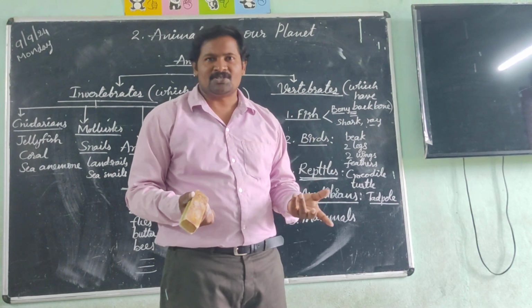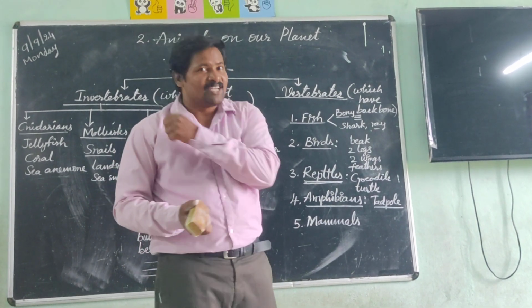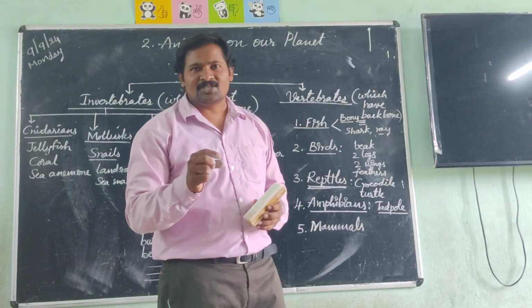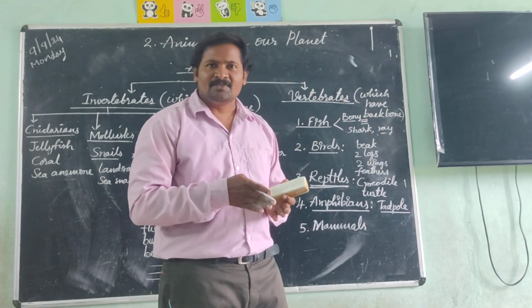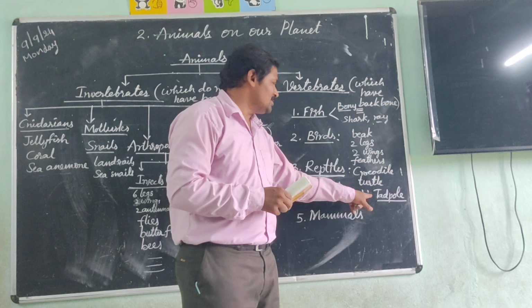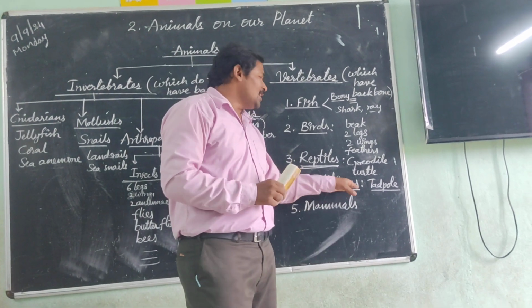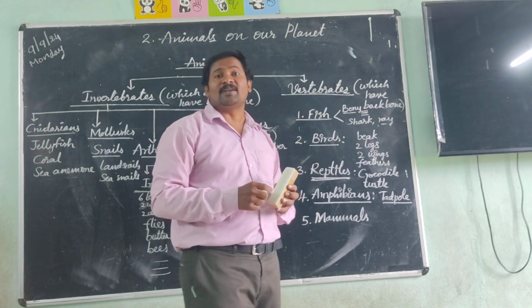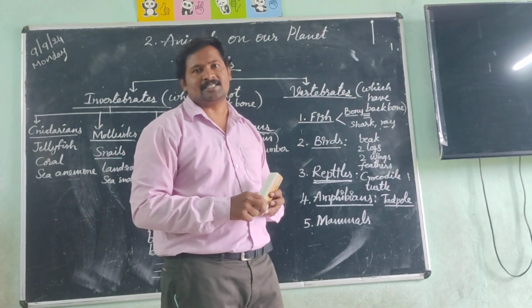Fish have fins and gills. In the same way, the tadpole also has gills and fins. They swim and they breathe using gills. But the adult frog will have a well-developed respiratory system, that is the lung system.